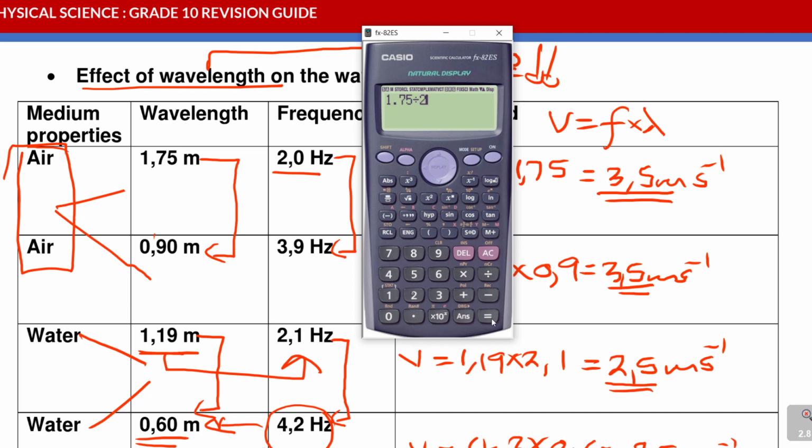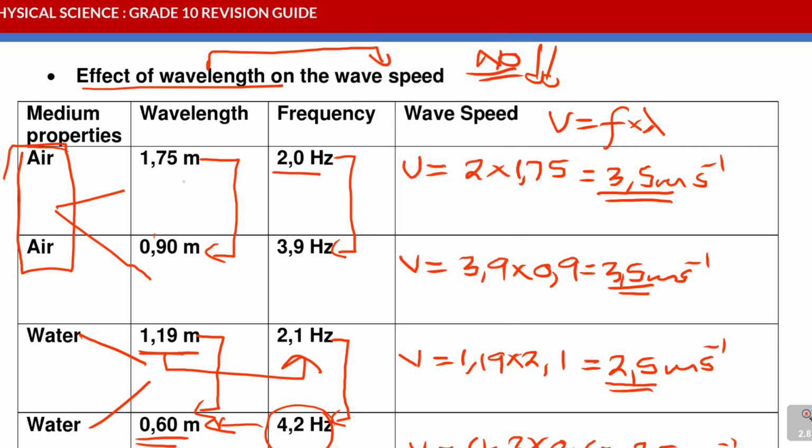If I divide it by 2, it almost gives me 0,875, which is 0,9. So you see that it's more like when you multiply by 2, here you divide by 2. When the frequency doubles, the wavelength halves. So you must remember that kind of relationship. Why? You can see that they are indirectly proportional.